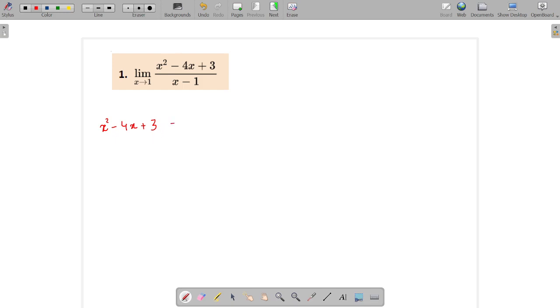So it's very easy to factorize it. We can do that by splitting the middle term, which is minus x minus 3x plus 3. Taking x common, I have x minus 1.